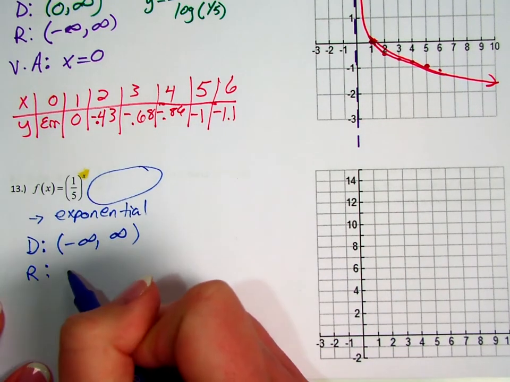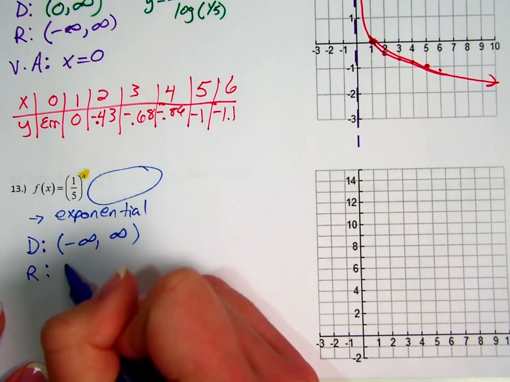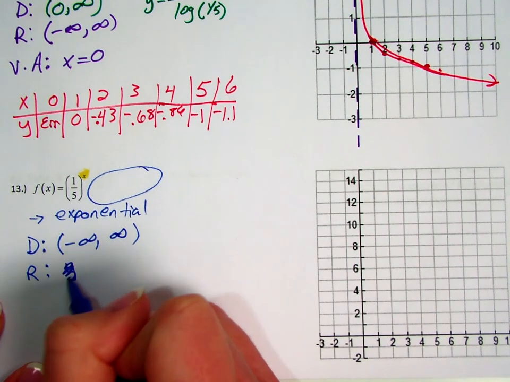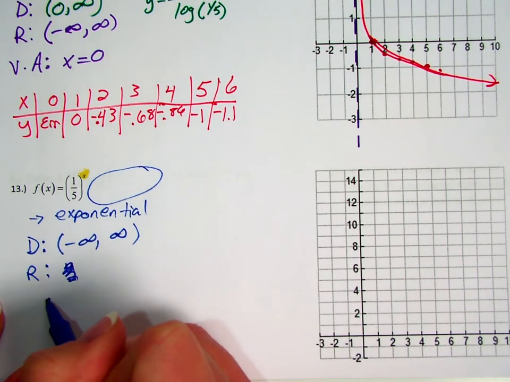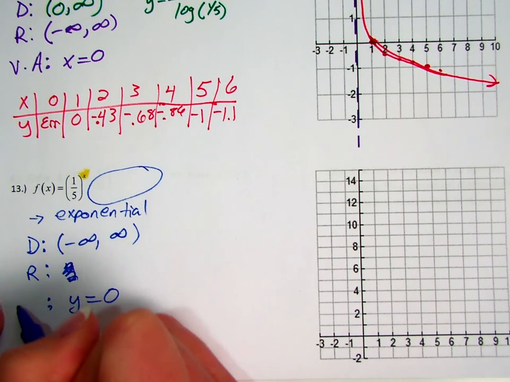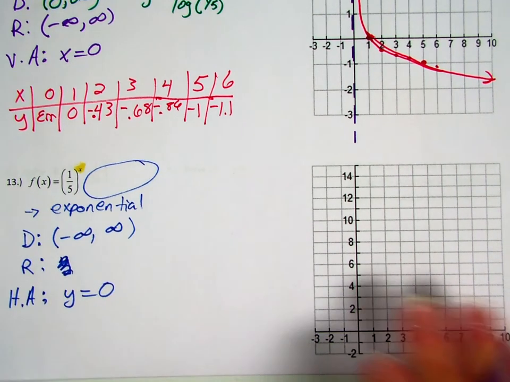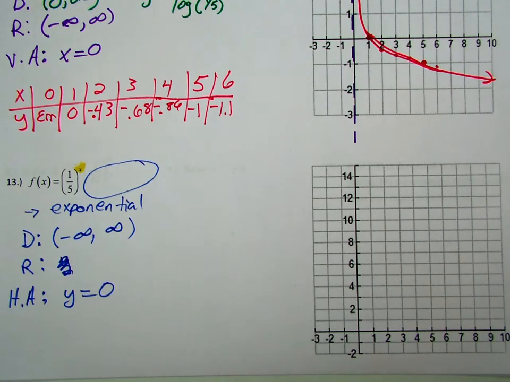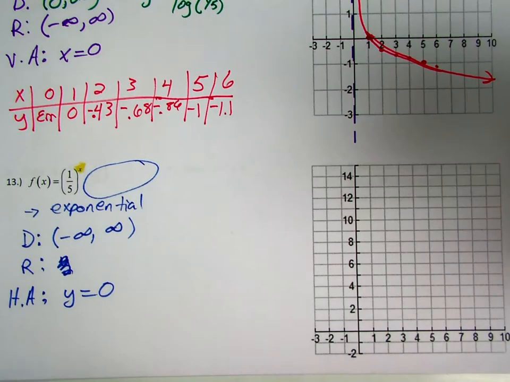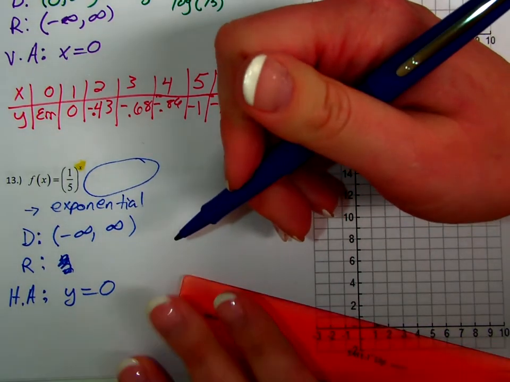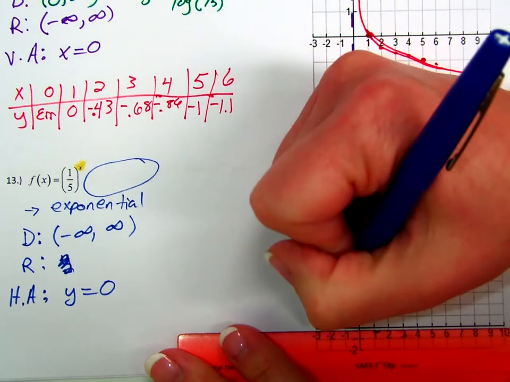Well, nothing's added at the end, so we can just say y, oops, sorry, that's not the range. My asymptote is y equals 0, so that's my horizontal asymptote. So we can go to where y would equal 0 and create our line for our asymptote.